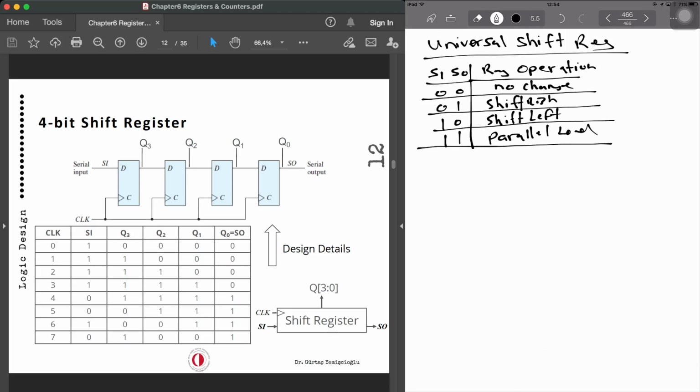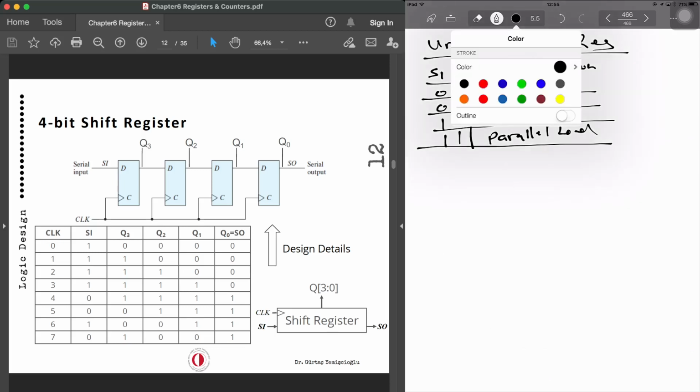So what do we need to use here? Think about it. As we are having most of the operations with 2 controllers, mode controllers, we can actually use a multiplexer. So a 4-to-1 multiplexer with a D-type flip-flop will actually solve our problem.